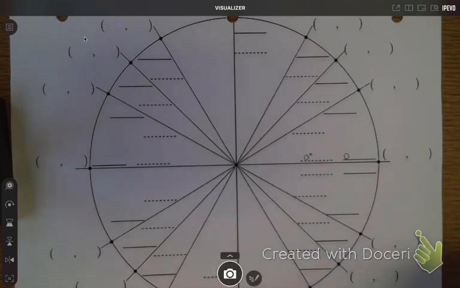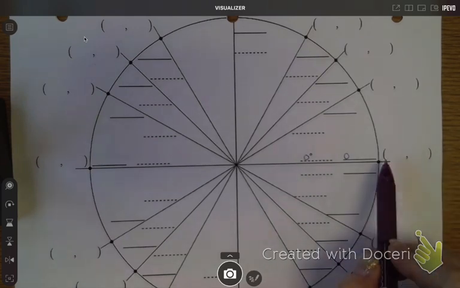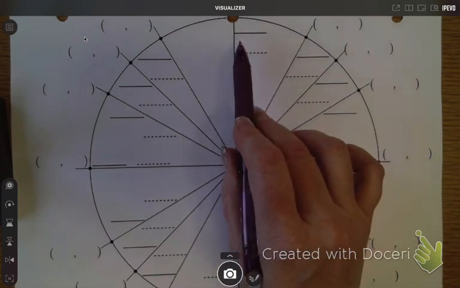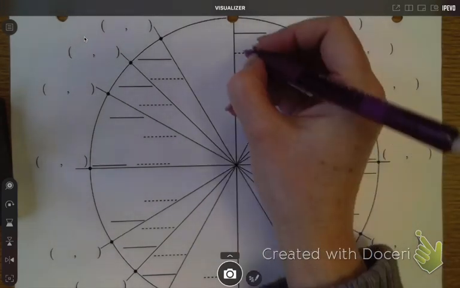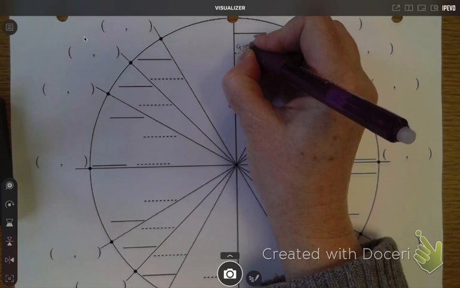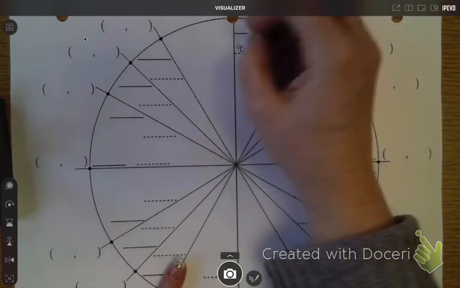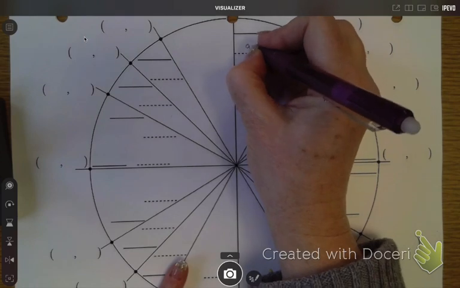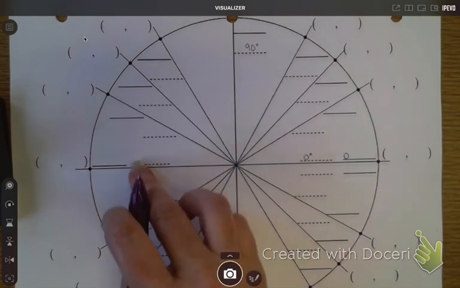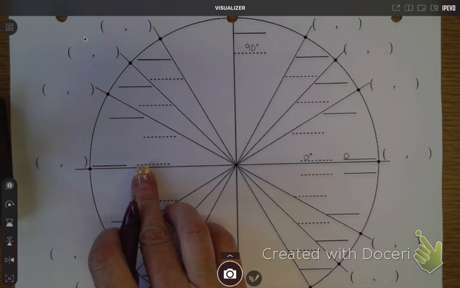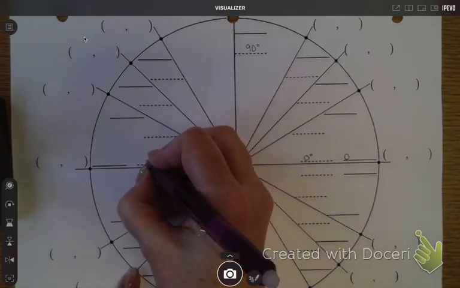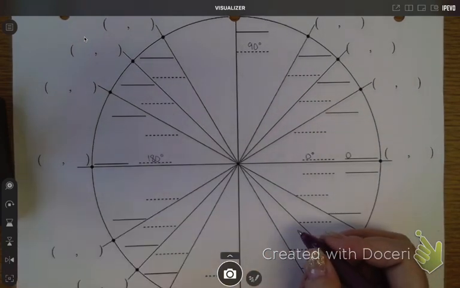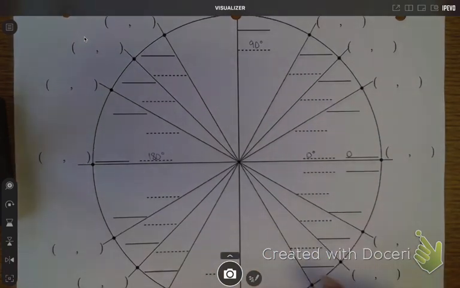Okay, so then I move around. What is this? 90 degrees. I come around again, 180 degrees. Next one down, 270.